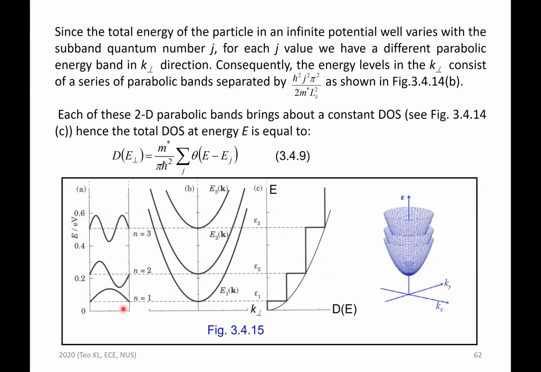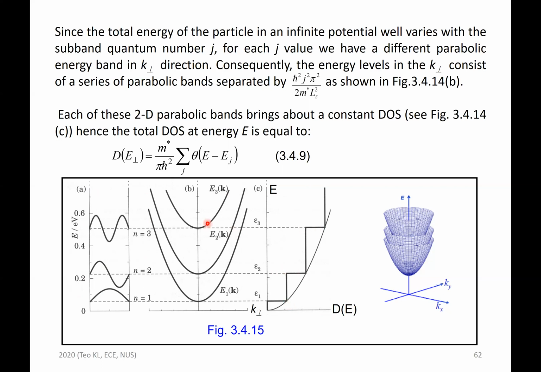This is a wave function, and it does not penetrate outside the well. This is in the k perpendicular direction. Energy as a function of k is kx squared plus ky squared, so it's a parabolic band. And this is the density of states as a function of energy, again the step function.